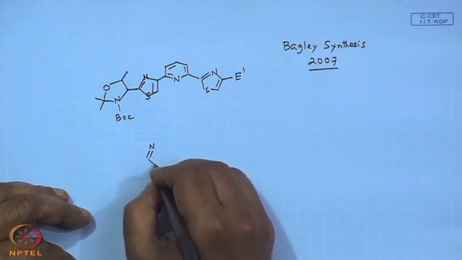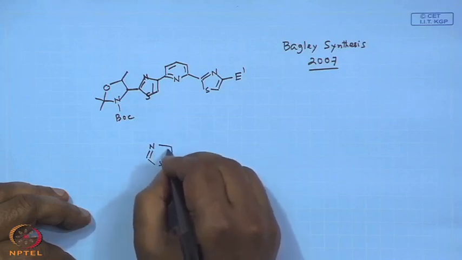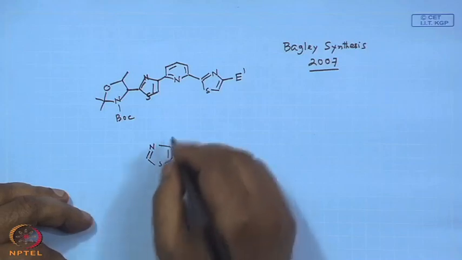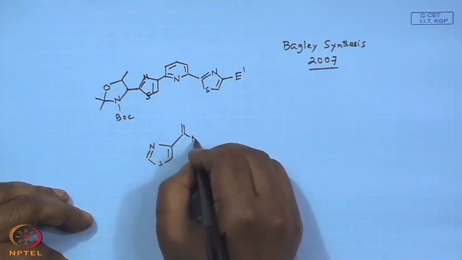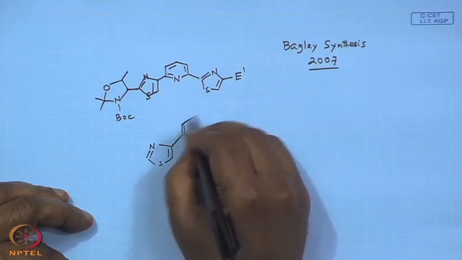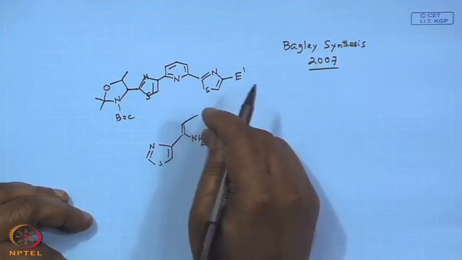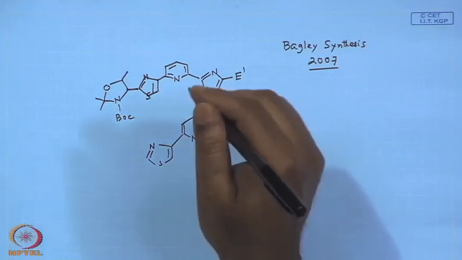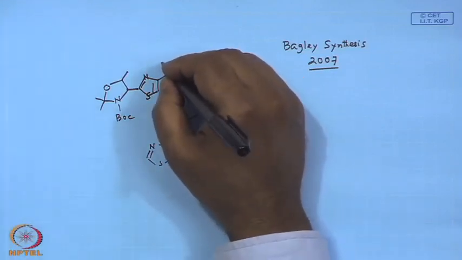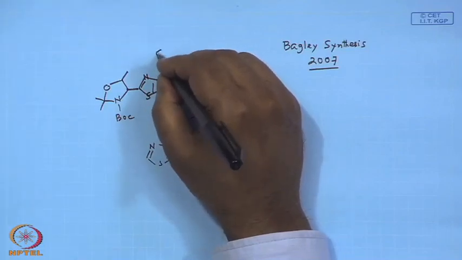So, this was the enamine on this side, right, and that means it is an H2 up here, and oh I see, okay, sorry, I think I made a mistake here, there is an ester here, okay, that is the reason I missed.